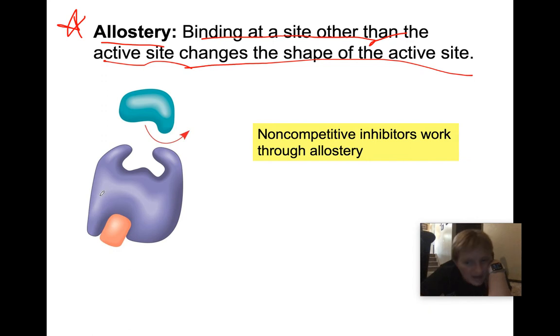Remember that everything works by shape. If I shift the shape here by binding, I might shift the shape here, which might shift the shape here, might change some of those hydrophobic, hydrophilic interactions, might change some of those hydrogen bonds, changes the shape of the active site so that it can't bind. Biology: everything works by shape. Structure determines function. Shape is key.